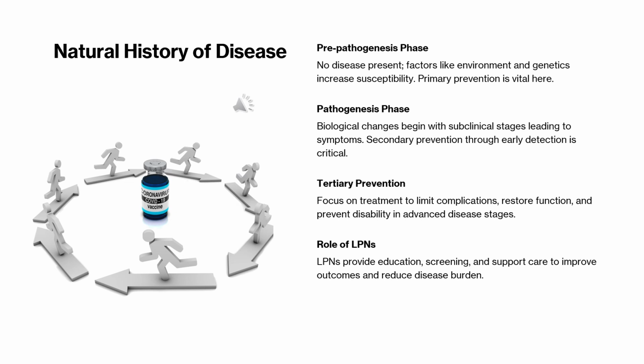Key features include the interaction of host, agent, and environment; the individual is susceptible but not yet infected or symptomatic; and risk factors are present. The related level of prevention is primary prevention via vaccination, hand hygiene education, healthy lifestyle promotion, and environmental sanitation.